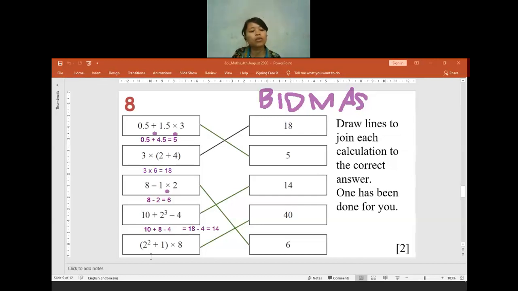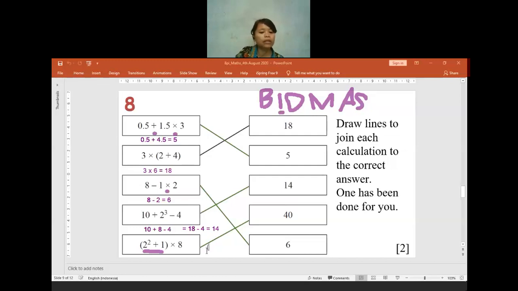So we will connect it with 14. Now I will continue to the last box. We have indices, we have addition, we have bracket, we have multiplication. Using the BIDMAS rule, we have to finish the calculation inside the bracket. Inside the bracket, there are two options. We have the power and addition. But since the letter I comes first and stands for indices, we have to finish the indices first.